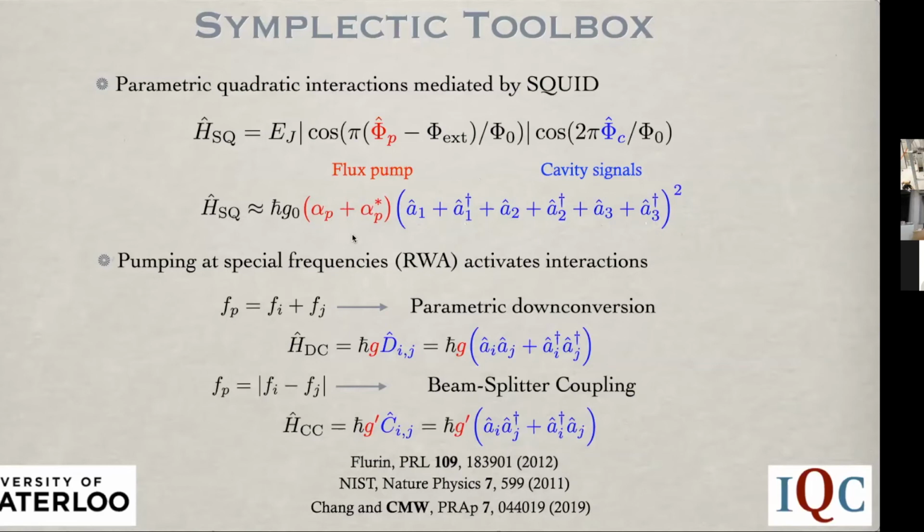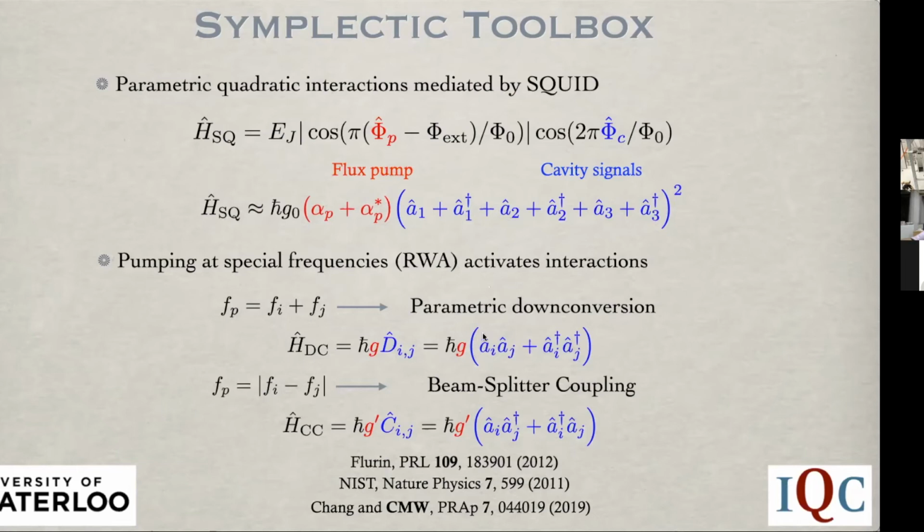By picking the frequency of my pump to match the time dependence of particular transitions or interactions, I can make those slow in the appropriate rotating frame. So I want to pick out, say, the interaction between 1 and 2.